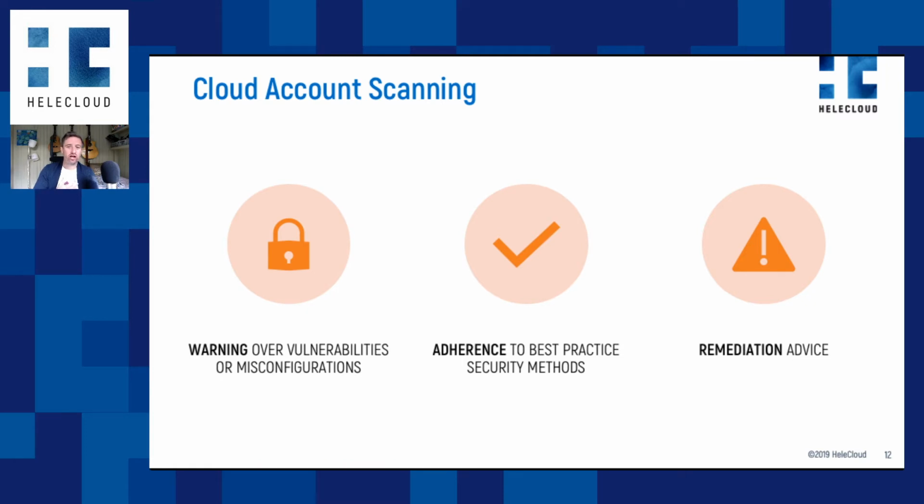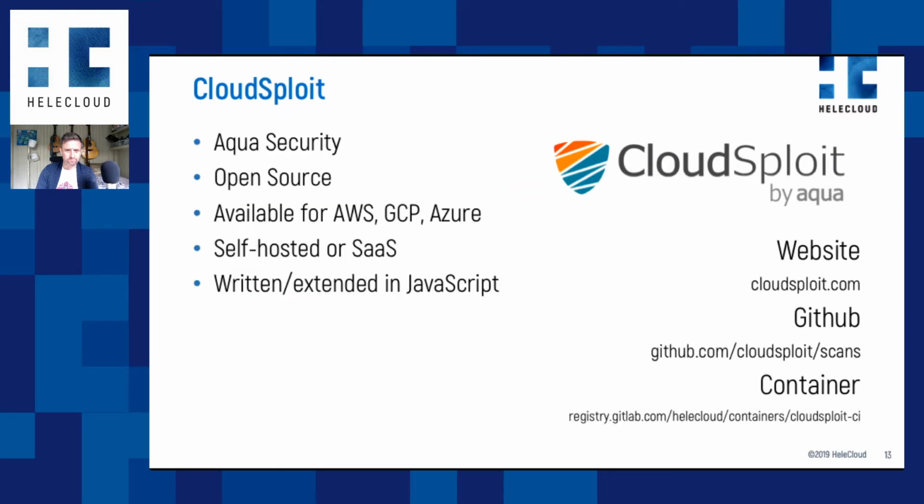You can come out with an account scan that highlights hundreds of issues inside your account, and understanding where they are slight best practice changes or actual significant vulnerabilities is part of the role I think HeleCloud plays, in getting people to understand what kinds of security issues are the most important for them to chase down.